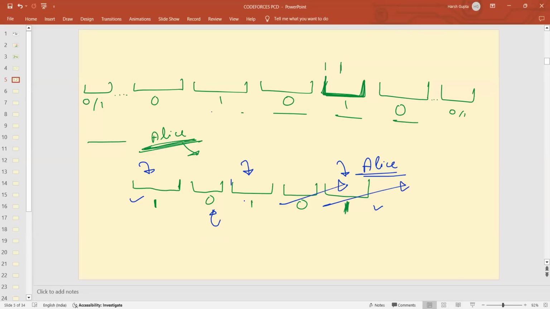And whatever option he chooses, this substring or this substring, after that, Bob has the option to choose this entire set of zeros, remove it, and win the game. Isn't it? So, what do we infer from this? We infer that if we start with one and end with one, in that case, there is always a winning situation for Bob.